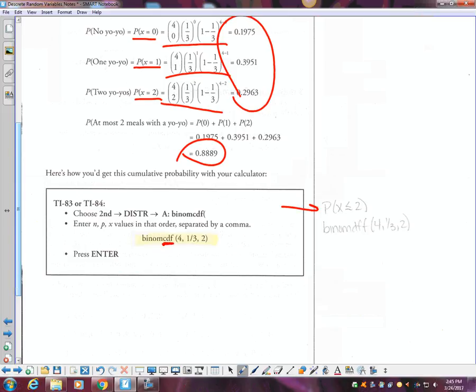So the probability that X is less than or equal to 2 is binomial CDF, number of trials, probability of success, and whatever that number is. But remember, CDF only does less than or equal to. So if your setup is not less than or equal to, you have to be able to adjust, which I think we do on the next one.